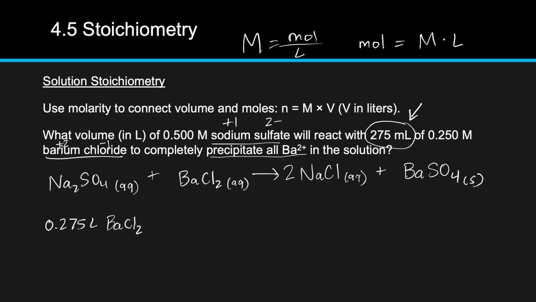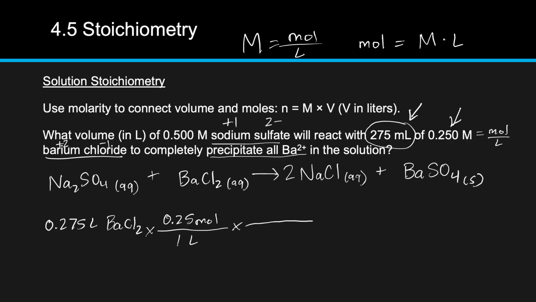And I'm trying to get to liters of Na2SO4, which is my other reactant. So first step is to get to moles, and I am using my concentration because concentration, or capital M, equals moles over liters, right? So if I want to get to moles, I know I have 0.25 moles per 1 liter.